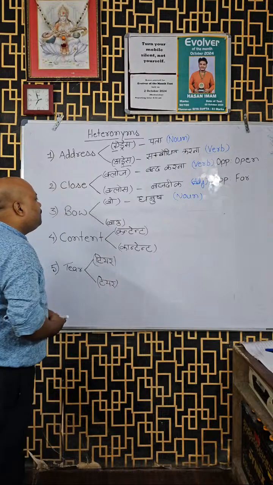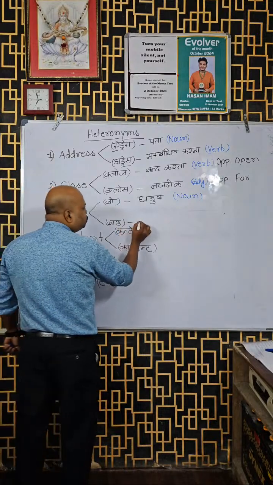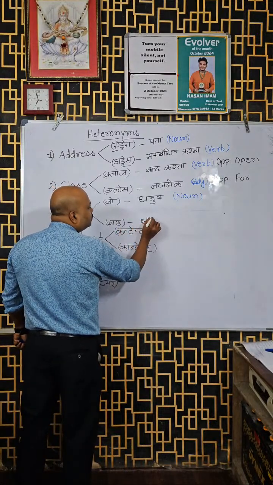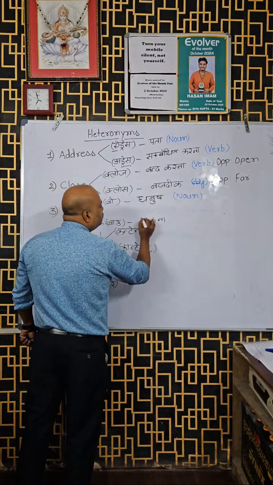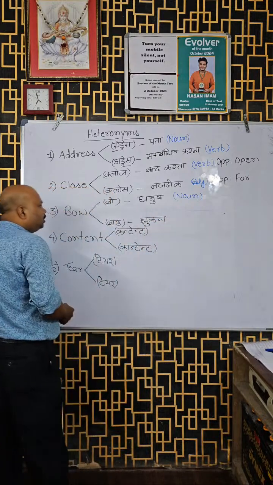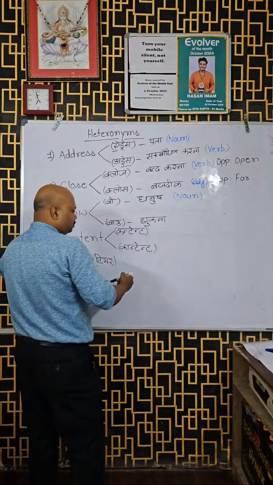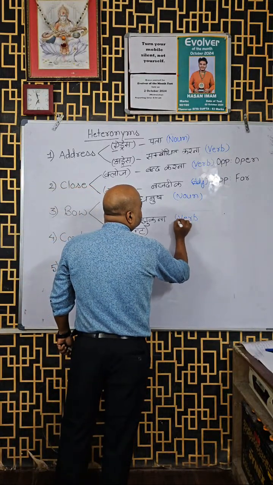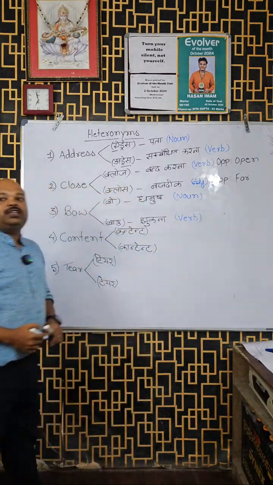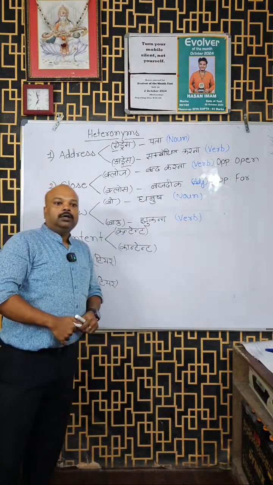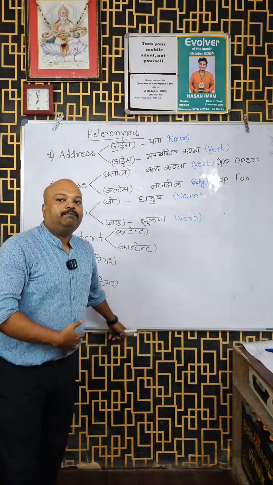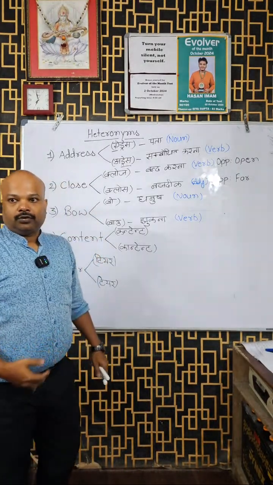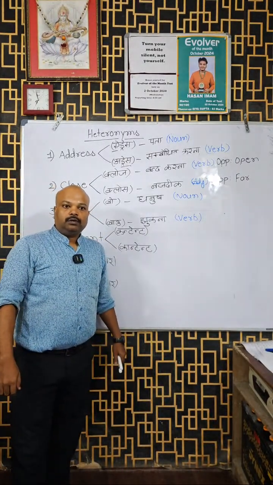Whereas this bow means jhukna. This is a verb. When you meet Chinese people, they greet you by bowing to you.